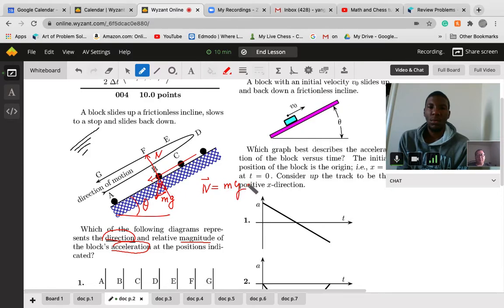That will be mg times cosine theta. But this goes opposite of this force, this component. Because this ball stays there, these two forces should be exact. The magnitude is the same, but the direction is just opposite.